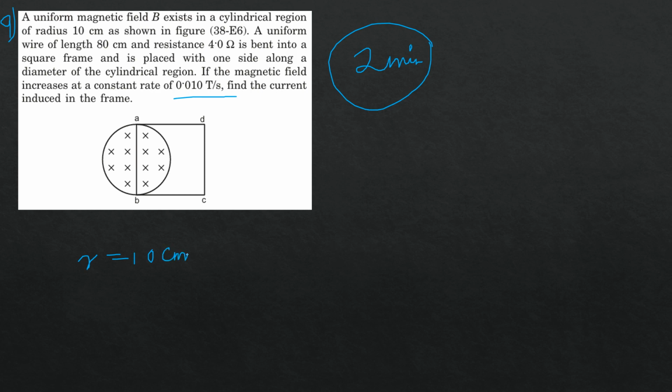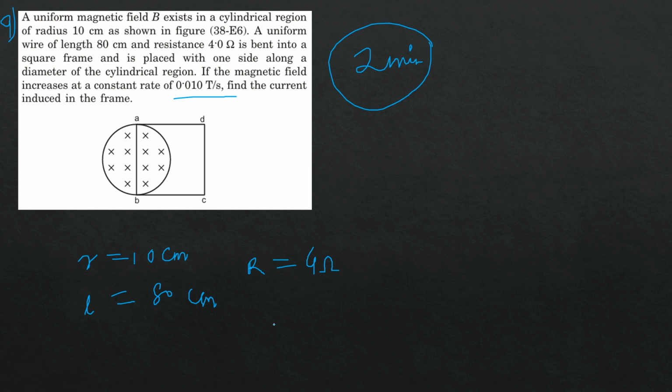A uniform wire of length 80 centimeter, resistance R is given as 4 ohm. It is bent into a square frame placed with one side along a diameter of the cylindrical region.